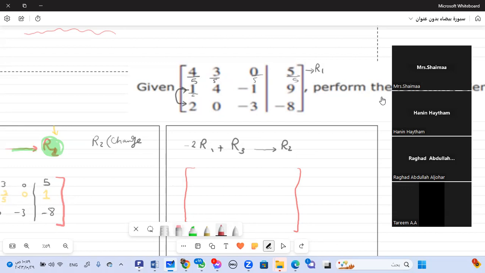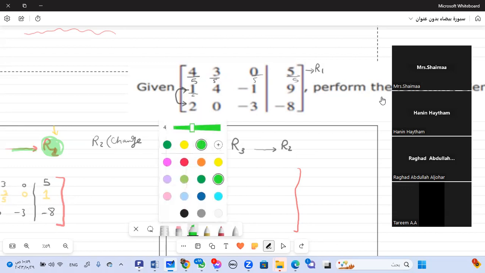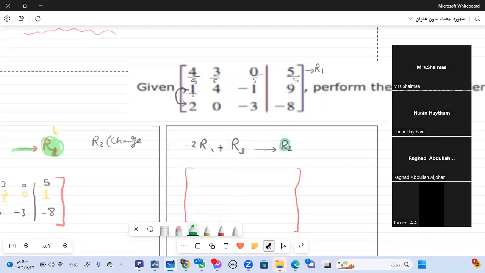Okay, which row will change? The row after the arrow, so R2. Be careful. R2 will be changed. R1 and R3 will be kept as they are. So write R1 as it is in the first step.